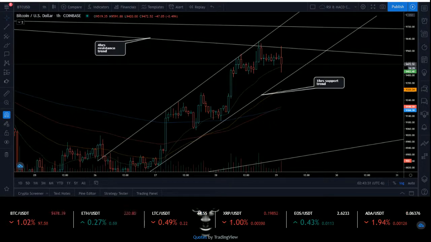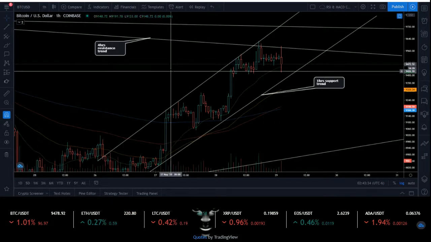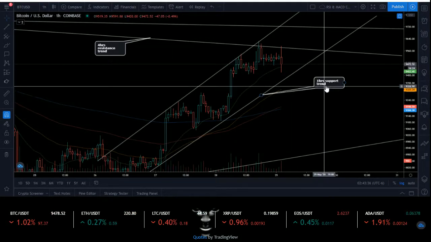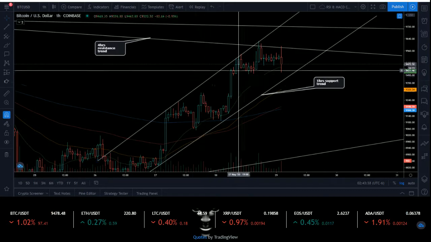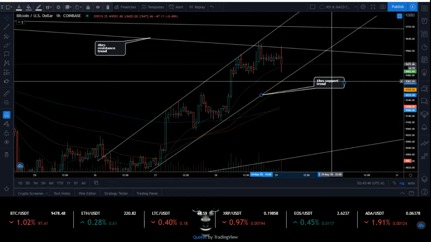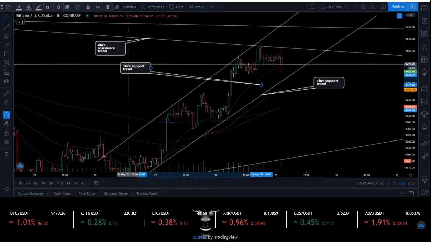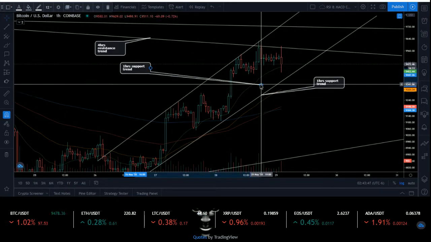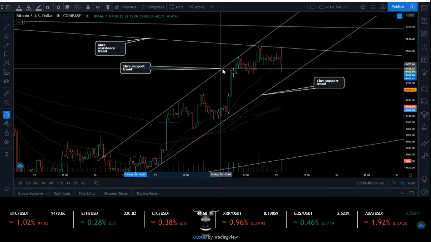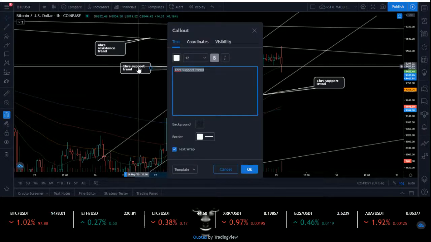Ito yung sinabi kanina. So ito yung 1 hour support trend. Ito yung 1 hour support resistance natin. So we'll just put some notes here. Okay, so lagyan natin ng 1 hour resistance trend.